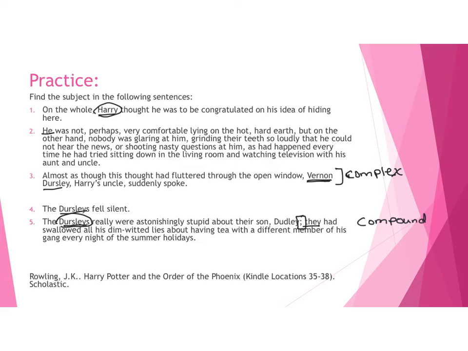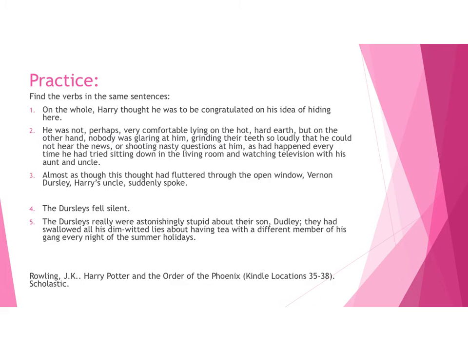Now, in this sentence, they had swallowed all his dim-witted lies about having tea with a different member of his gang every night of the summer holidays. It just so happens that the subject is they, which is a pronoun for Dursleys. And so it's basically the same subject. Okay? Very good. Now I want you to find the verbs.